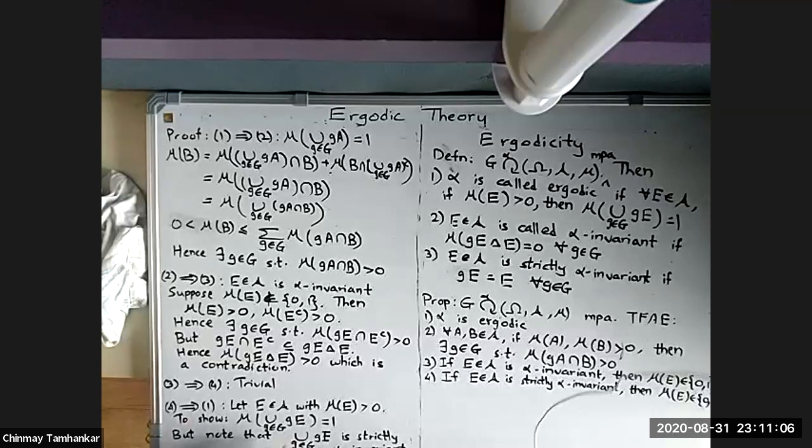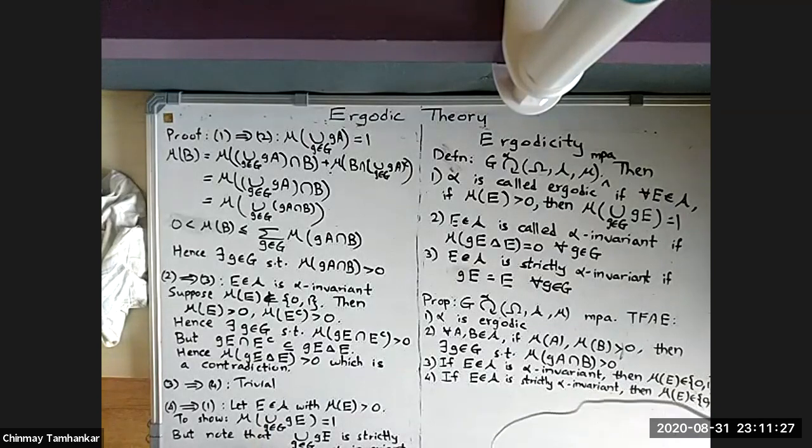But this set is strictly alpha invariant because if something is in this set, then it is in g1E for some g1 in the group. Now, if we apply any g to any element in g1E, then that will be in gg1E, which is again in this set. So this union is alpha invariant.